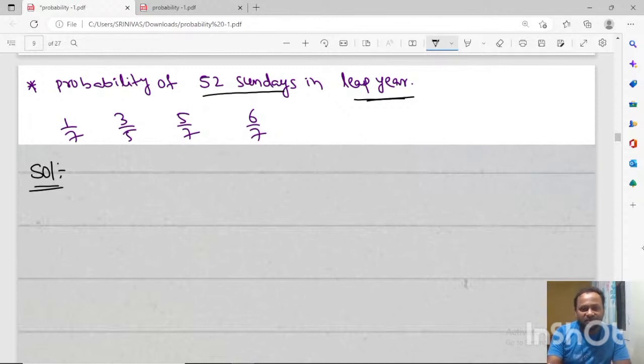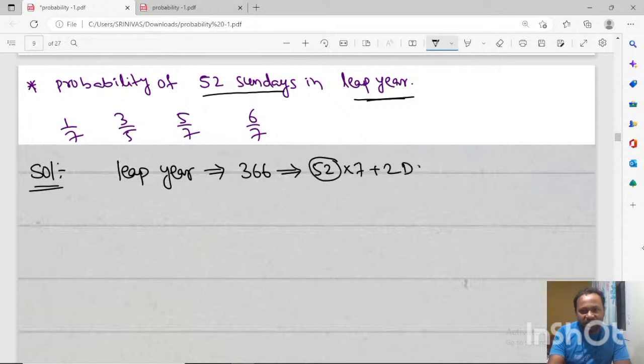So, a leap year, as we know, means 366 days. Among them, 52 into 7 plus 2 days. What will these 2 days be?